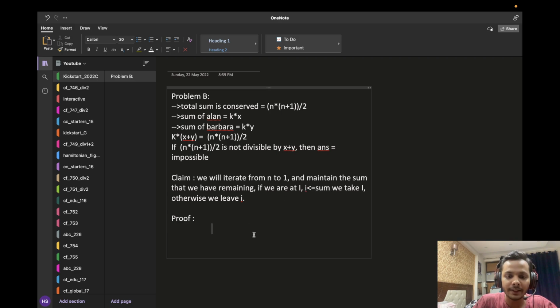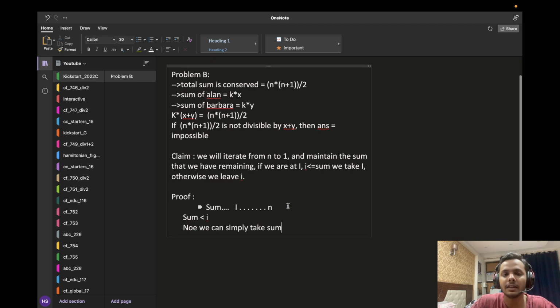We have scanned through all the values which are greater than I, and we know that sum is strictly smaller than I. That means sum lies somewhere here: sum is somewhere here, then there is I, and then there is n. So we haven't even looked at sum yet. So we can simply take sum, and then our sum will be equal to 0.